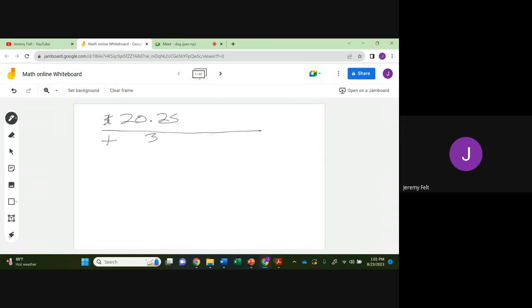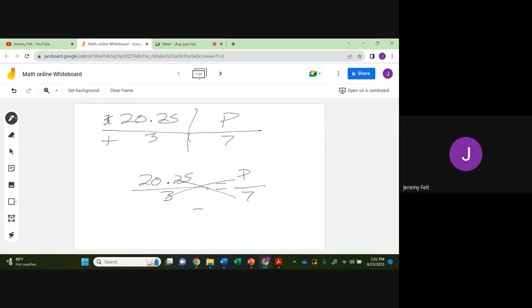We can set this up. Call it P for price is what we're trying to figure out. So we can do 20.25, let me make sure I have the right number. Yeah, 20.25 over 3 equals a price. How much is it going to cost for 7?